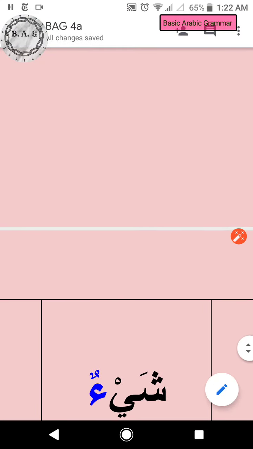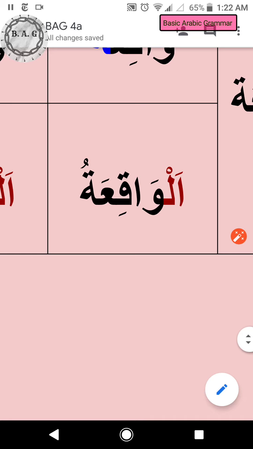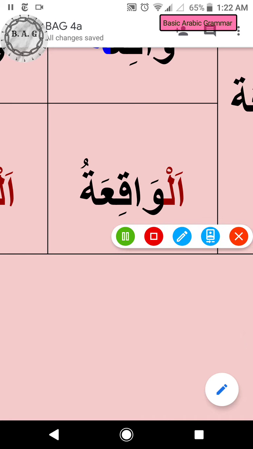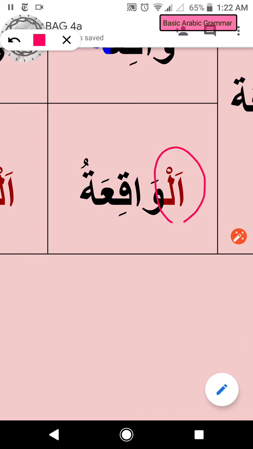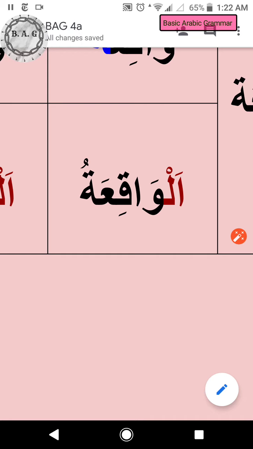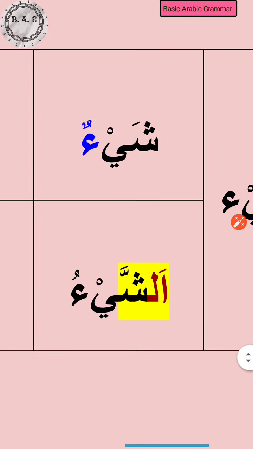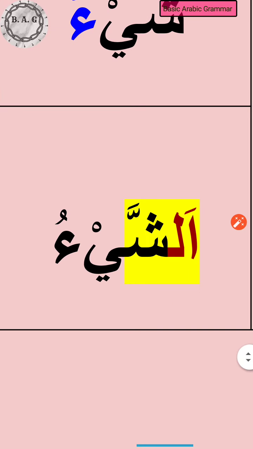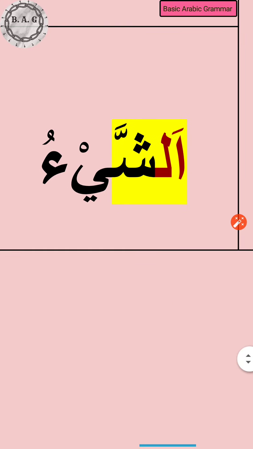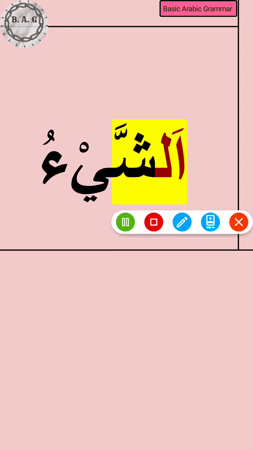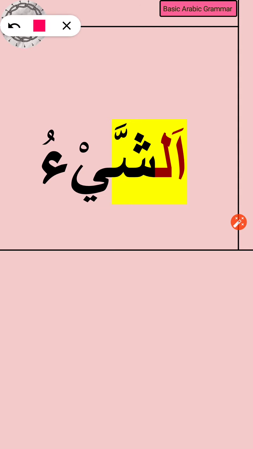Notice how we said al-waqi'a over here and al-kitab. Keep this in mind. What's happening here? We do not see any al-shay'un, do we? We don't. So it's not al-shay'u, it is ash-shay'u.